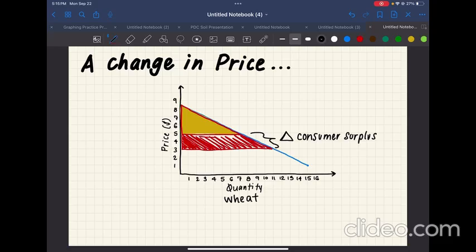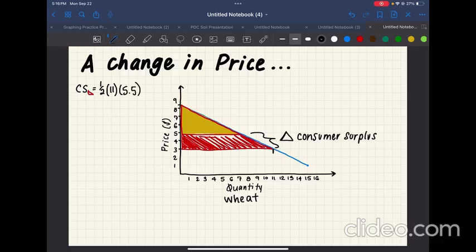So we can calculate that by calculating the area of our whole red triangle. It's the consumer surplus. We'll just put a little red triangle there to remind us that that's what that is, equals 1/2. What is our base here? Our base is 11. And our height starts at 3 and is 1, 2, 3, 4, 5.5.